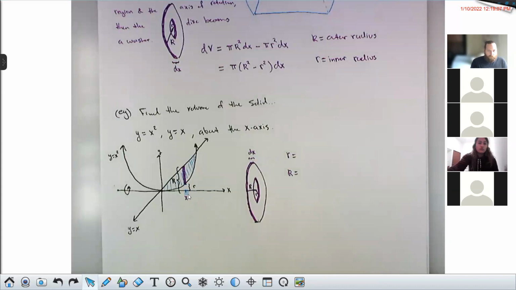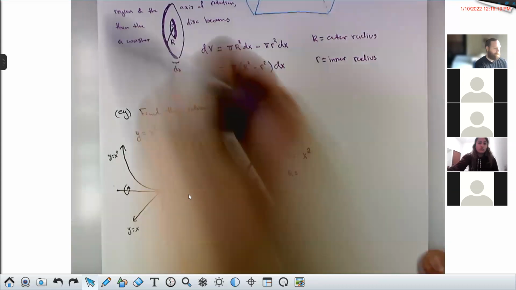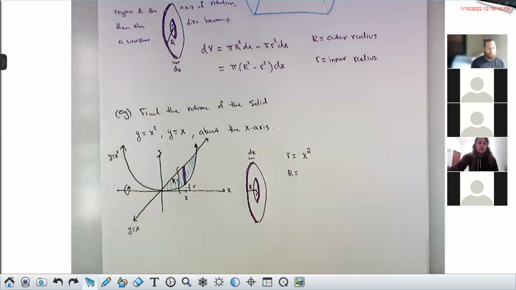The y value here is 0. So this vertical distance right here is x squared. What is this bigger vertical distance here from the far end of the strip to the axis of rotation, from the curve y equals x? Very good, down to the x-axis.